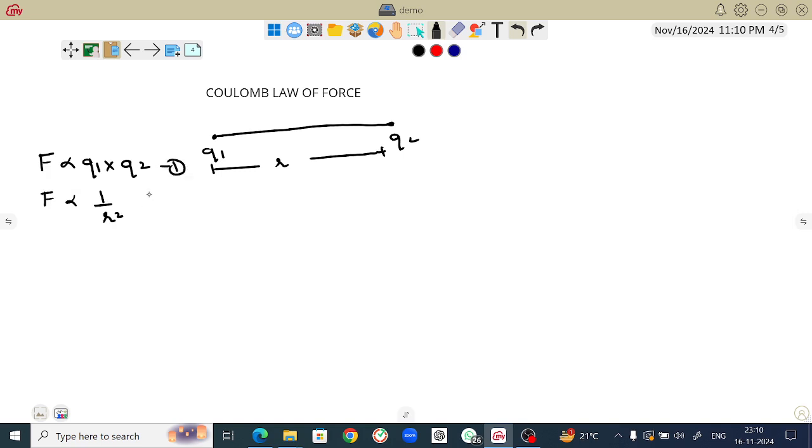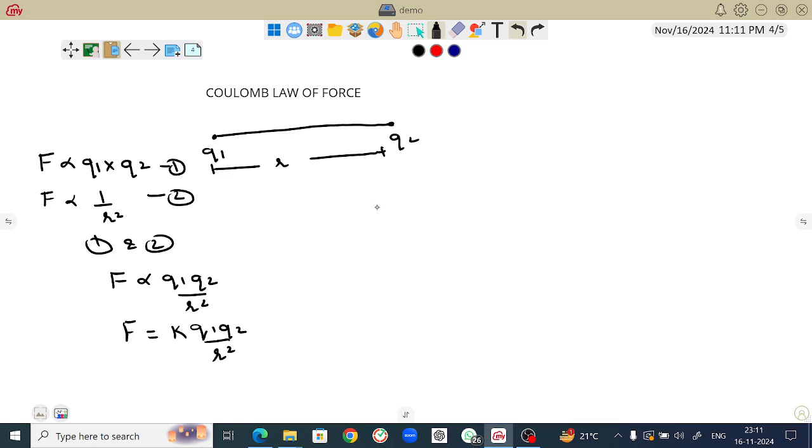From the first and second equations we get that the force of attraction or repulsion between the two charges is directly proportional to Q1 Q2, and inversely proportional to the square of the distance between them. Removing the proportionality sign, we get a constant, K. F equals K Q1 Q2 by r squared. The value of K is 1 upon 4 pi epsilon naught, which equals 9 into 10 raised to the power 9.